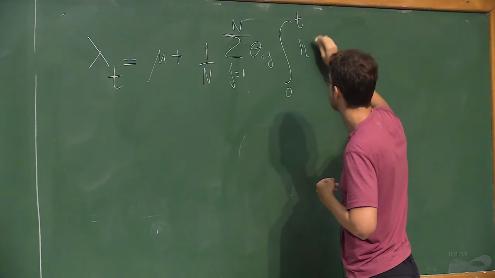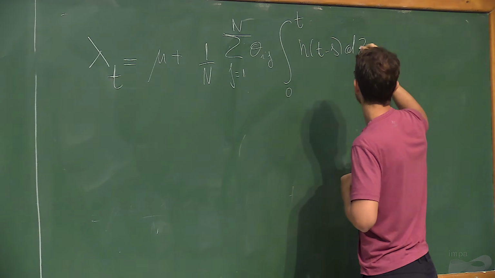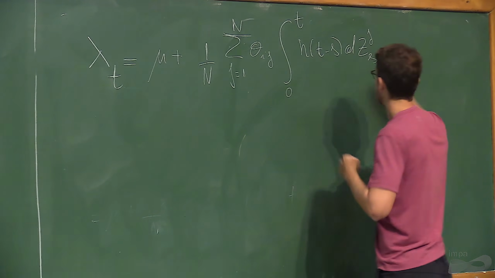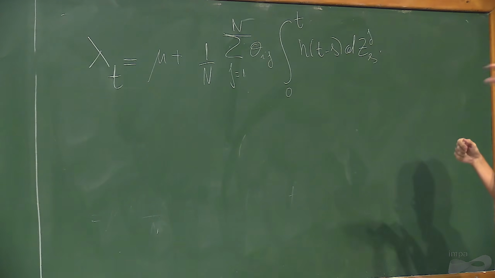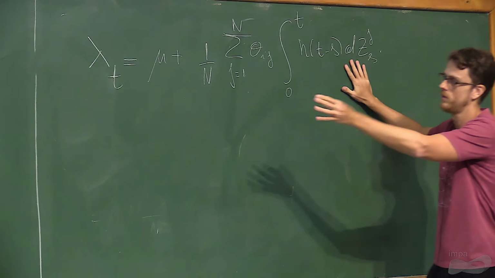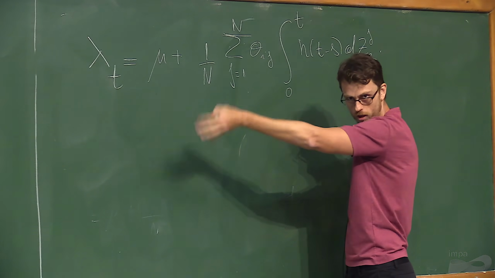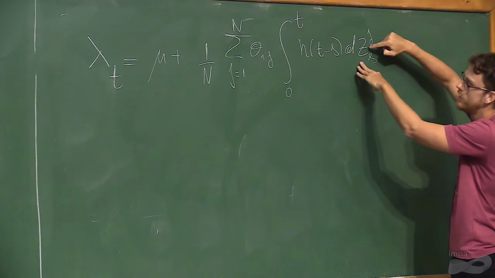I guess they have some function h of t minus s. So we have your point processes Z, and the intensity in their case is a function which depends on the past events, the past jumps, that are codified here.